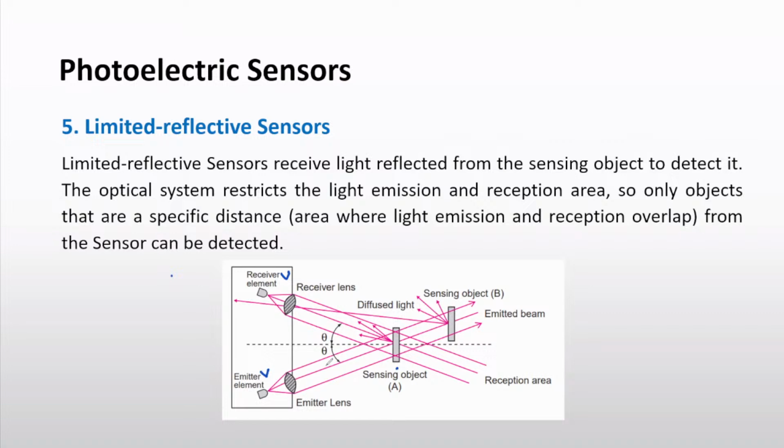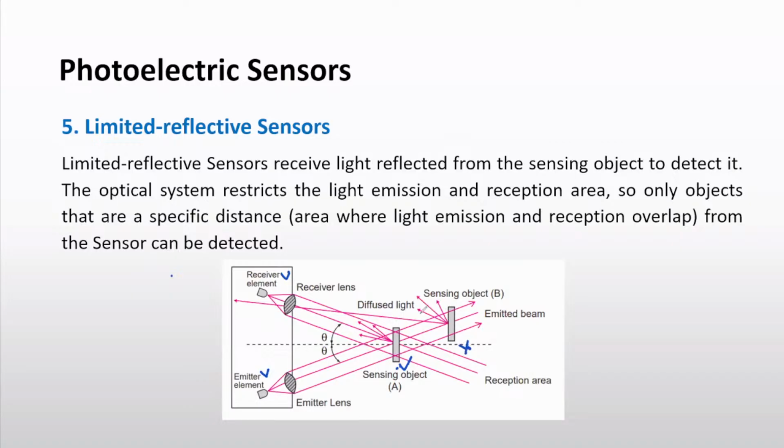When the light is emitted, it strikes the object, then this object scatters or reflects the light beam. So therefore it is received by this element. But think, if this object is in any other place, so here think this is the predefined place, but this is not a defined place.